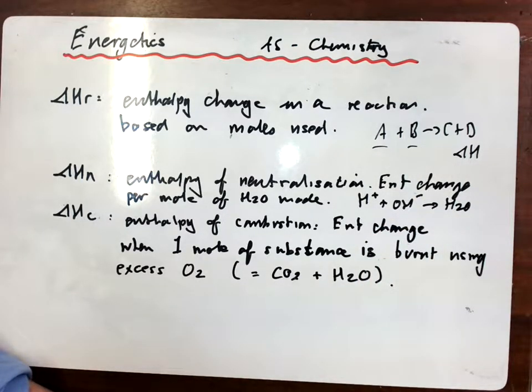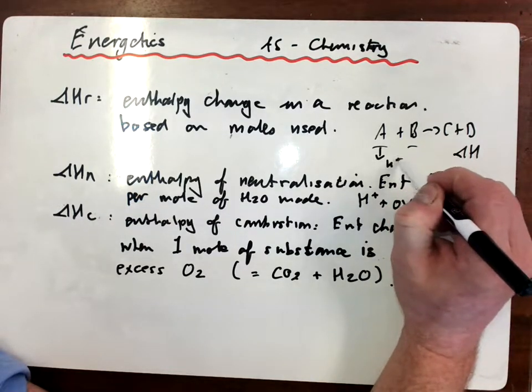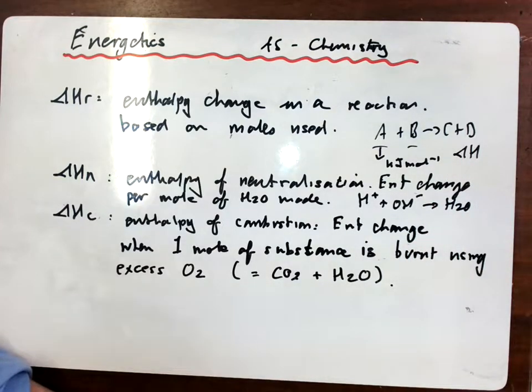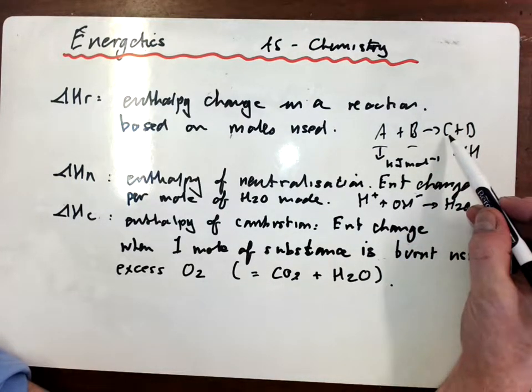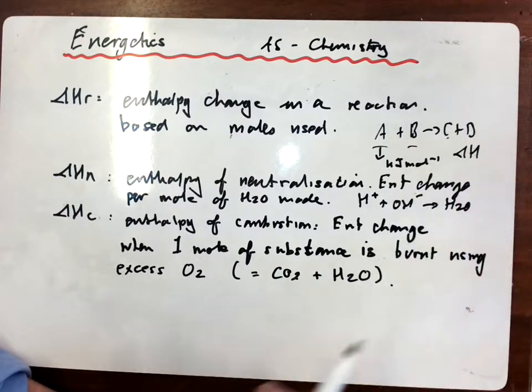Now you'll most likely be asked to scale that up to per mole, so frequently up to kilojoules per mole of either A or B, or maybe even kilojoules per mole of C and D that are actually made in there.